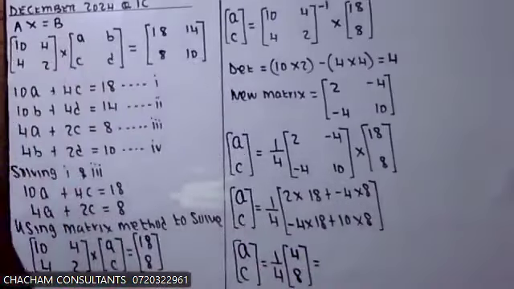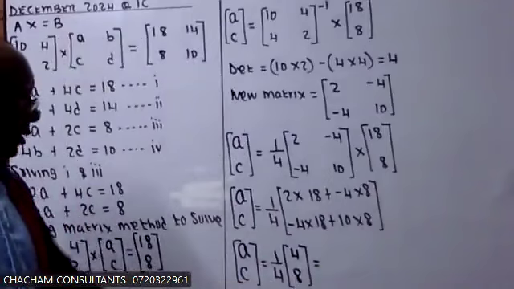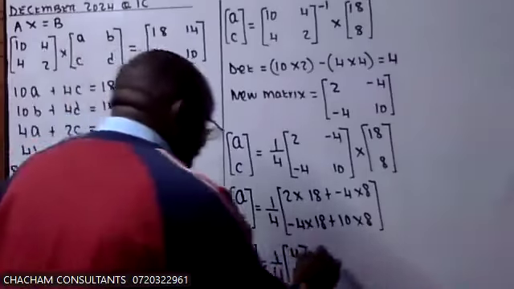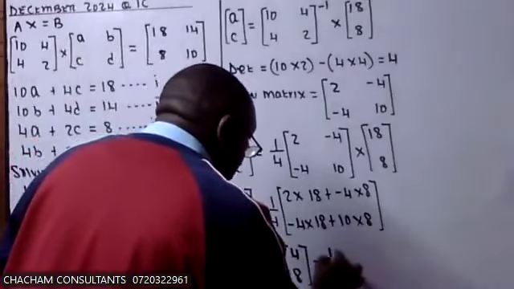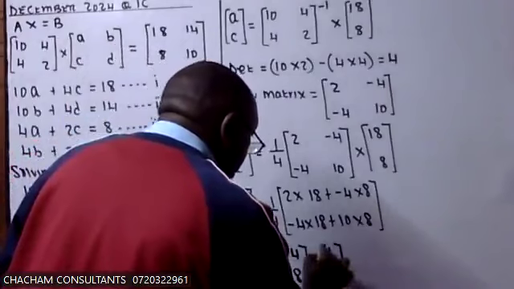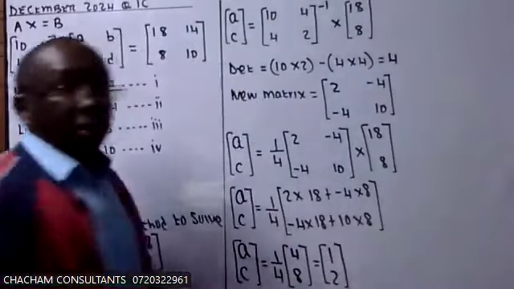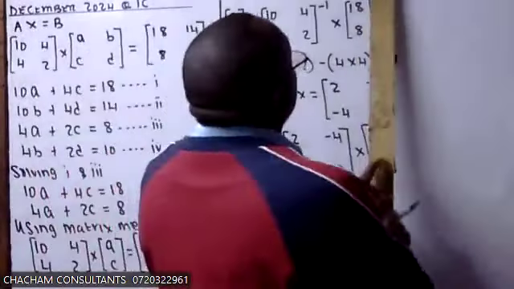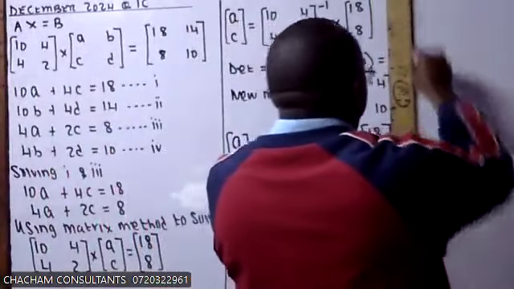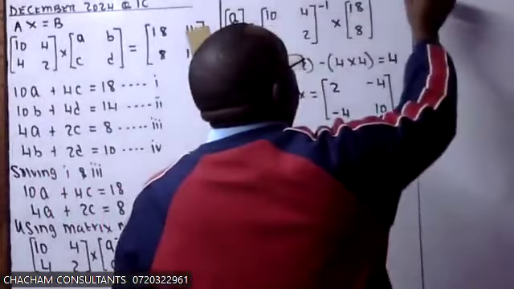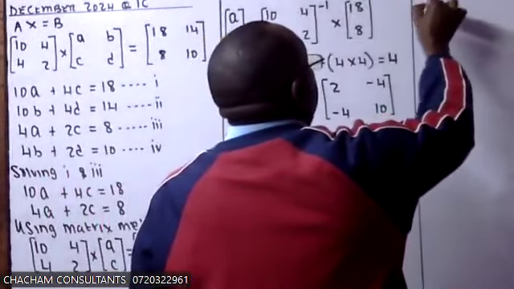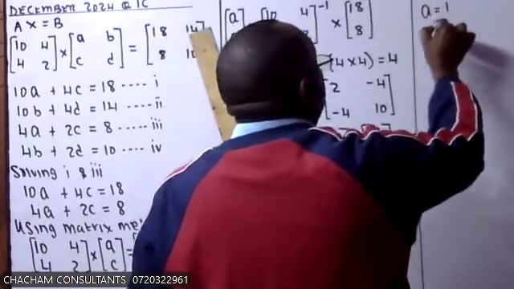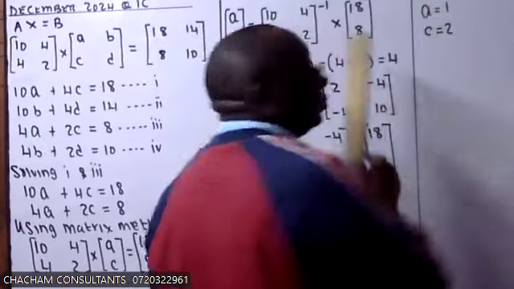So now, when you open the brackets, this is a scalar matrix. This one you multiply by a quarter, this becomes 1, and this one becomes 2. So thus A is equal to 1 and C is equal to 2.